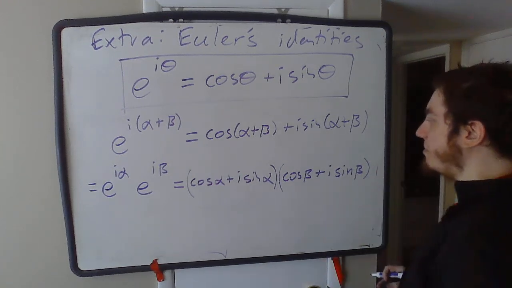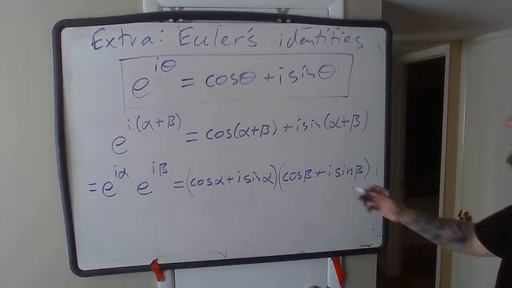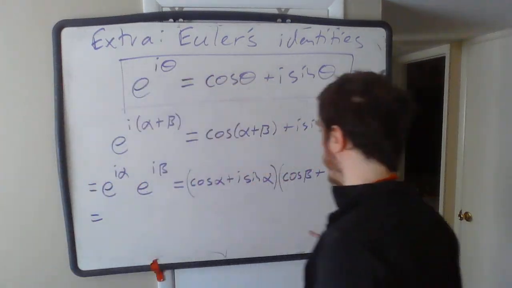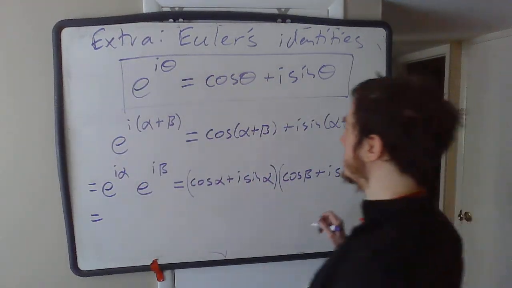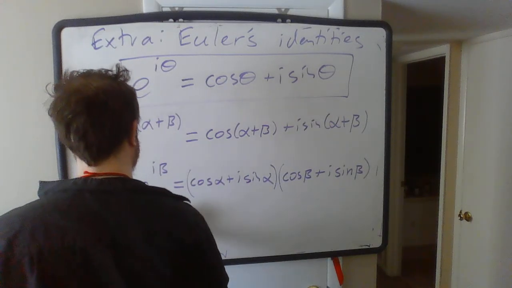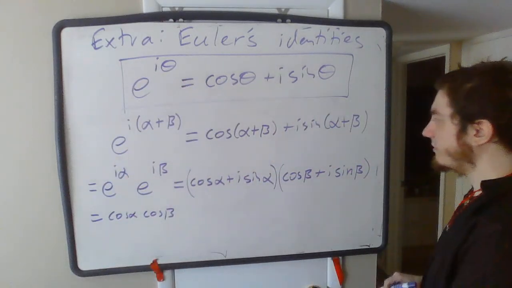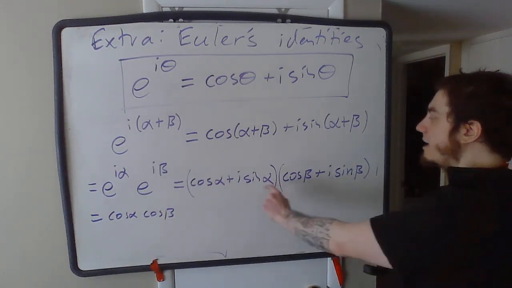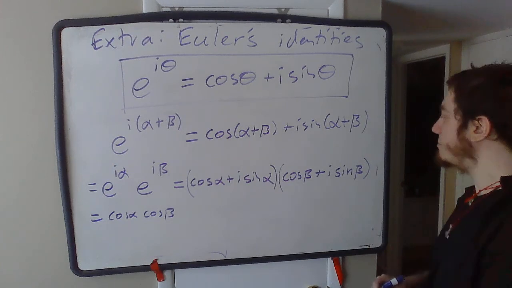So what's going to happen here? Well, I can multiply all of these things out. And when I do that, I'm going to get cosine alpha cosine beta. And then when I multiply i sine alpha times i sine beta, i times i gives me a -1.